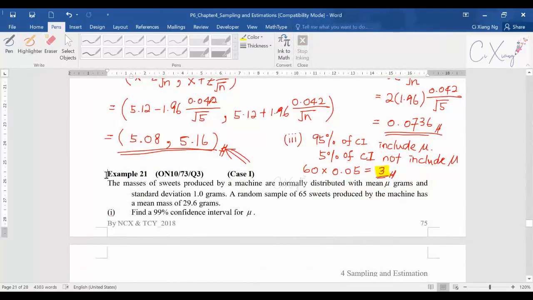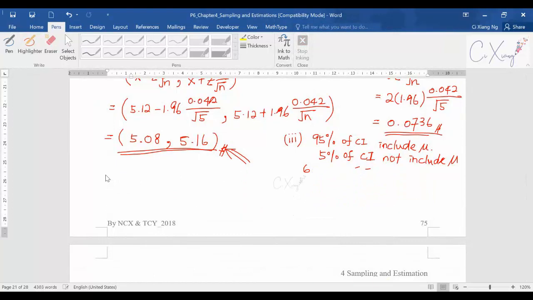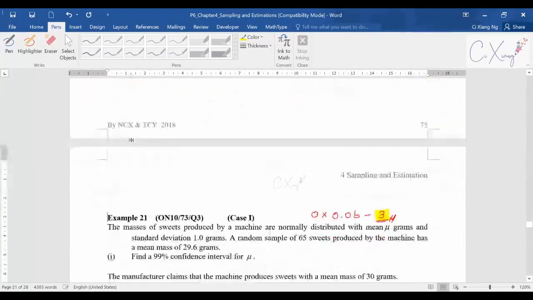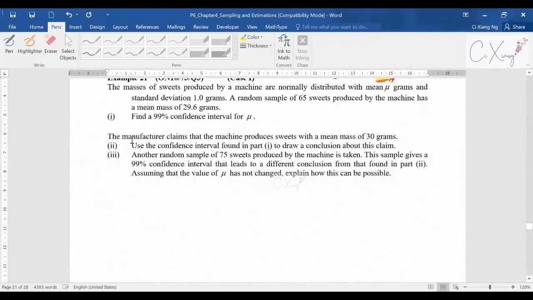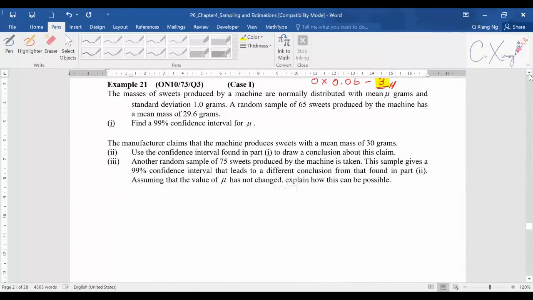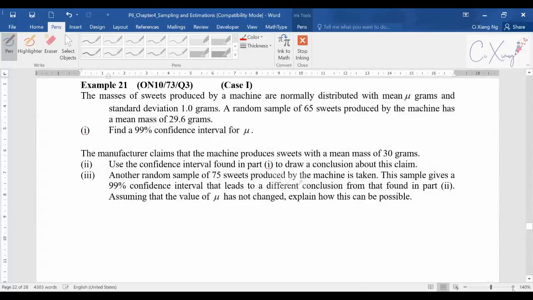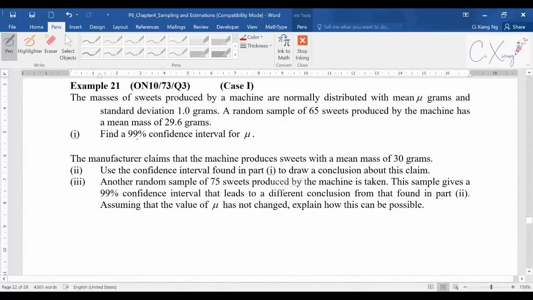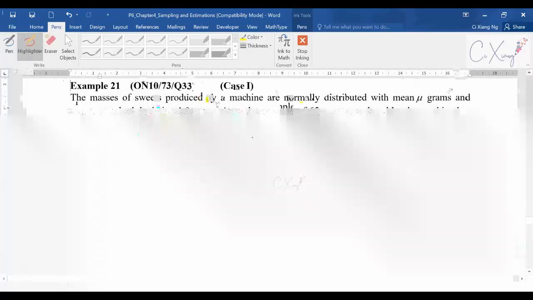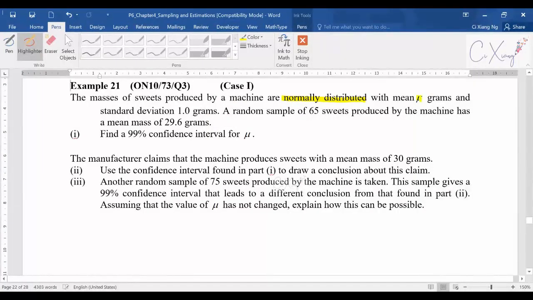Okay, we can read the question first before I start. It looks like this is a long question, but never mind. Here they are talking about a normally distributed population, you can read first and highlight the words normally distributed, and then the population you don't know.